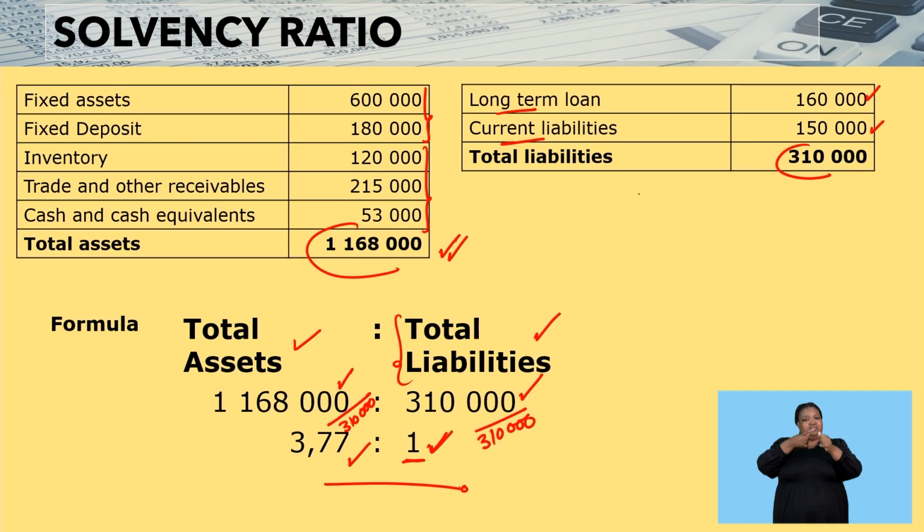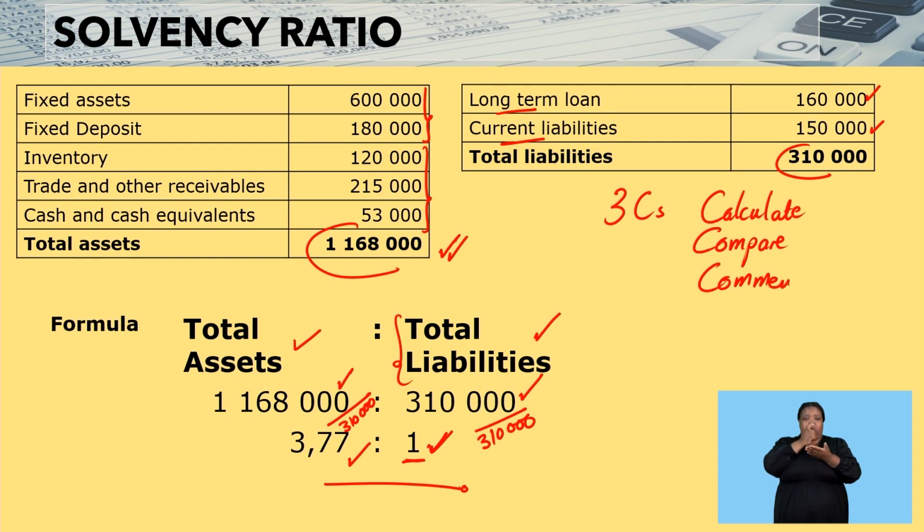It is very important that when you do your financial indicators, you must be able to calculate. Remember the 3 C's. The first C is we must be able to calculate, then we must be able to compare, and then we must be able to comment.